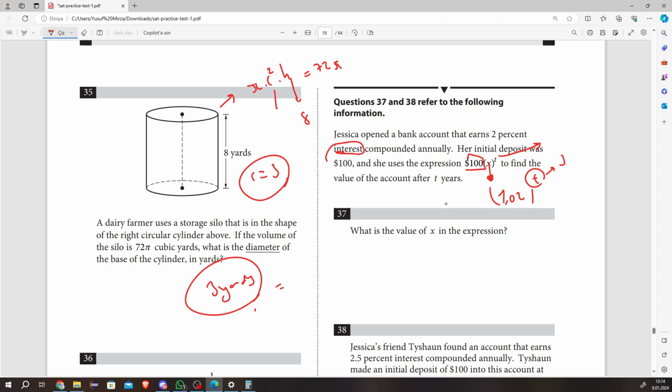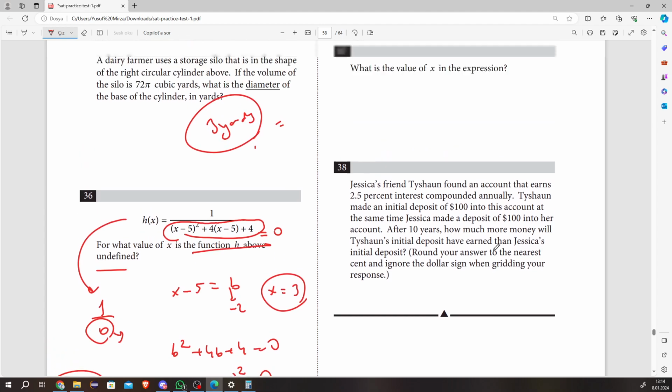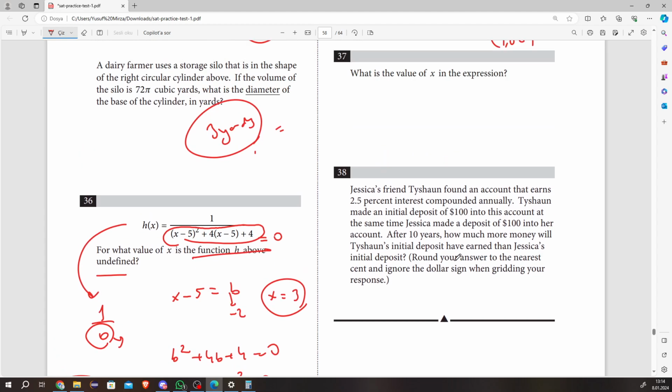Interest compounded yearly. Her account after years, how much money is in it? Round your answer to the nearest cent, ignoring the dollar sign.